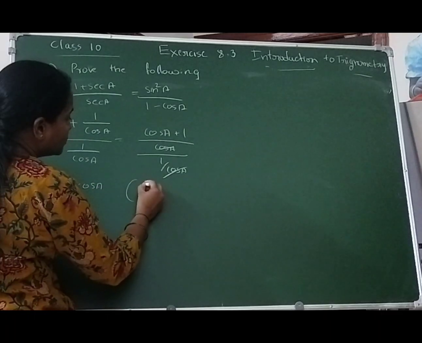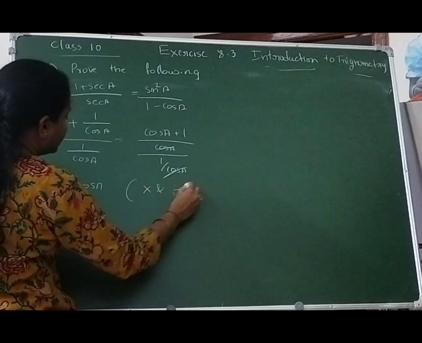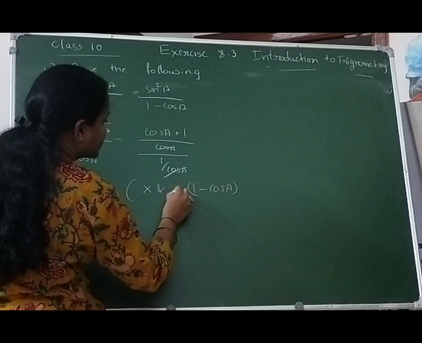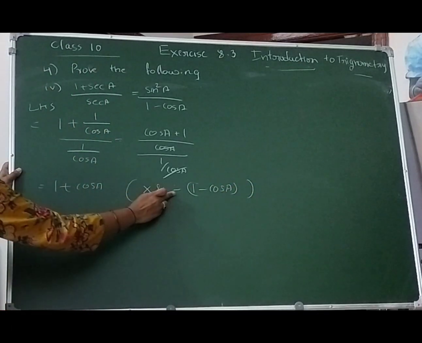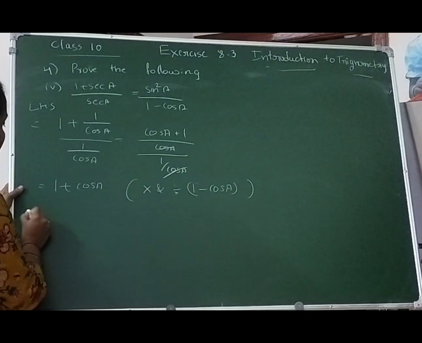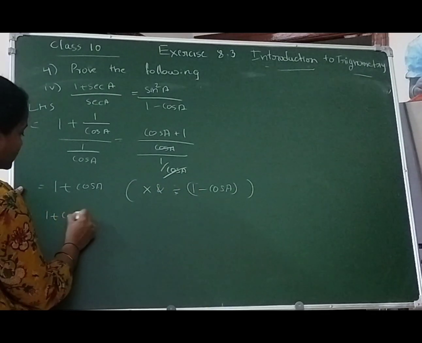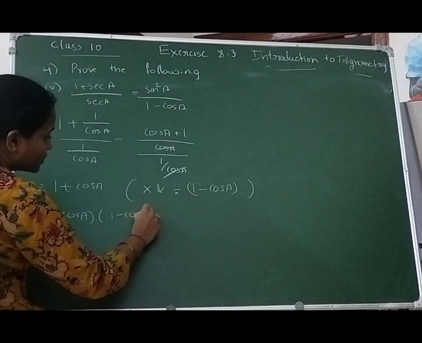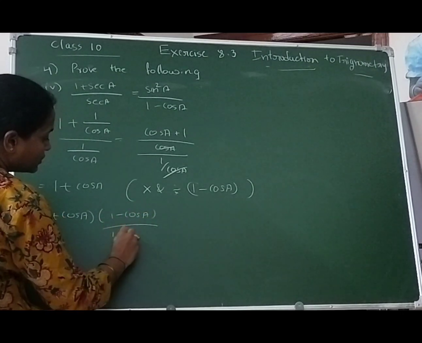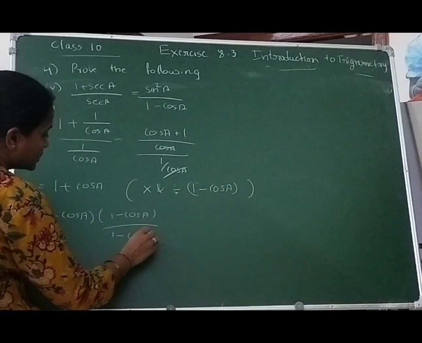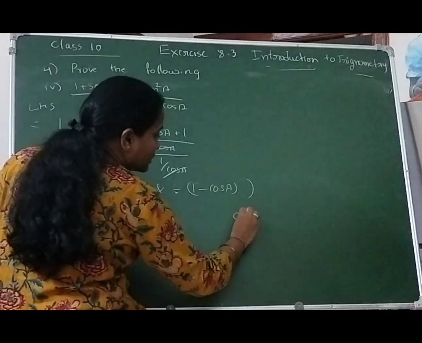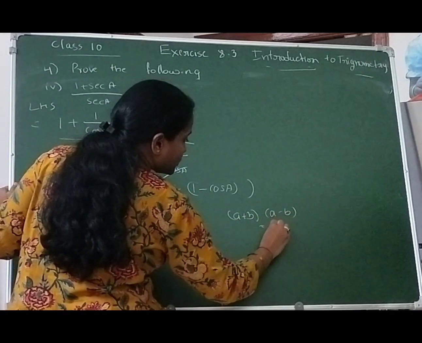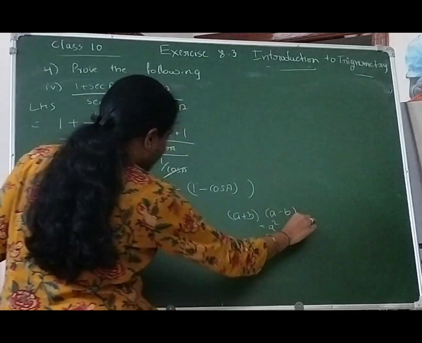So we have to rationalize here by multiplying and dividing by 1 − cos A to get the RHS. So on rationalizing, we can write here as (1 + cos A)(1 − cos A)/(1 − cos A). So on multiplying, we will get it in the form of (A + B)(A − B). We know that is A² − B².